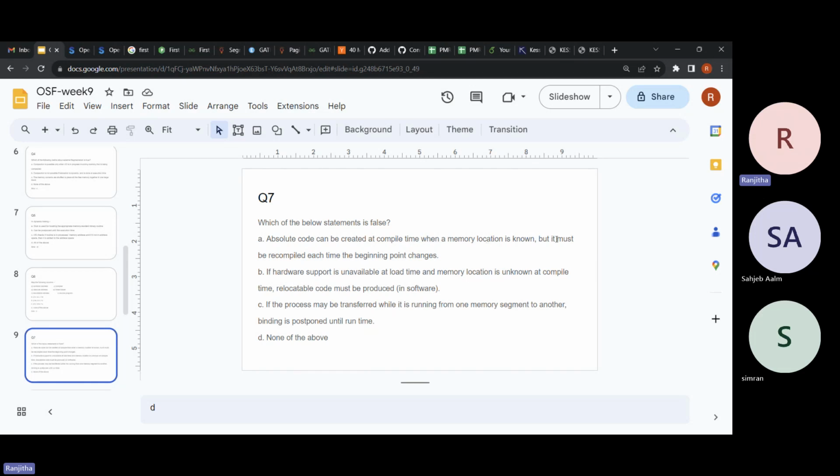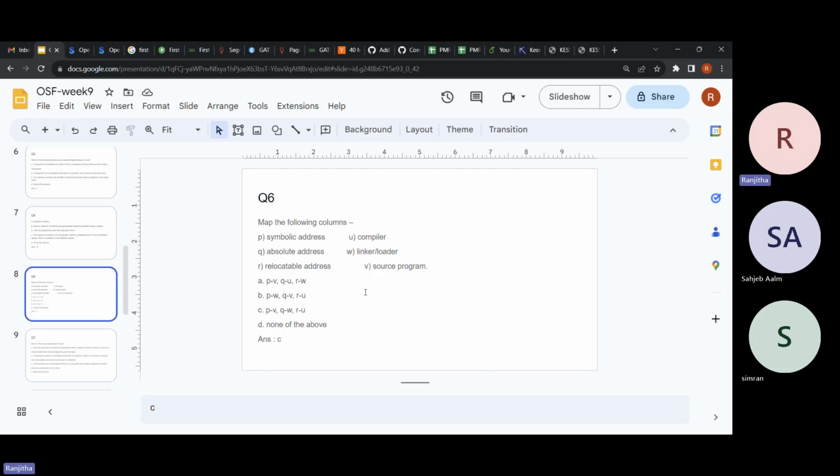But the difficulty is that we have to compile every time the address changes. So A is true. If hardware support is unavailable at load time and the memory location is unknown at compile time, relocatable code must be produced. Yes, when we don't know the memory location at compile time, we need to generate relocatable code. That's also true.